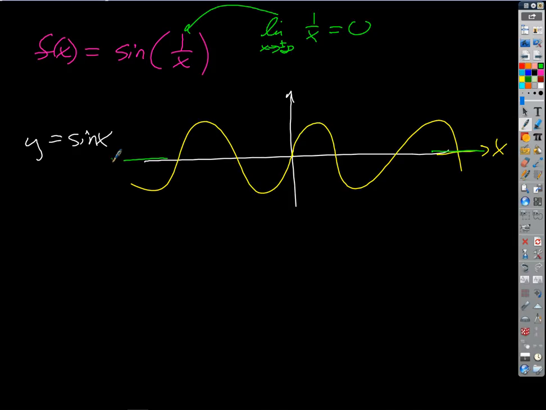But what's the limit? Another way I could write this: the limit of 1 over x as x approaches 0 is infinite, right? Agreed? It's infinitely big. So in here in the middle, as x approaches 0, what's going to happen? Well, when x equals 1, somewhere out here at 1, this whole thing's going to equal 1.